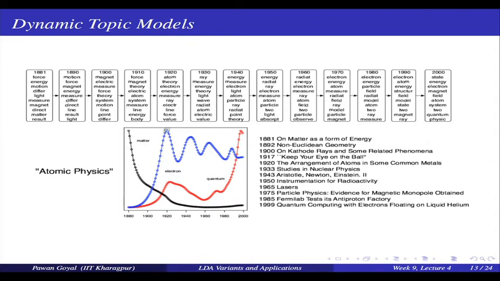The word electron comes up at a certain time point, around 1900 with the cathode ray experiment, and it is stable over time. But then a new word, quantum, also comes up, and it has a very high probability. This gives you a nice visualization of how the words within a given topic evolve over time.